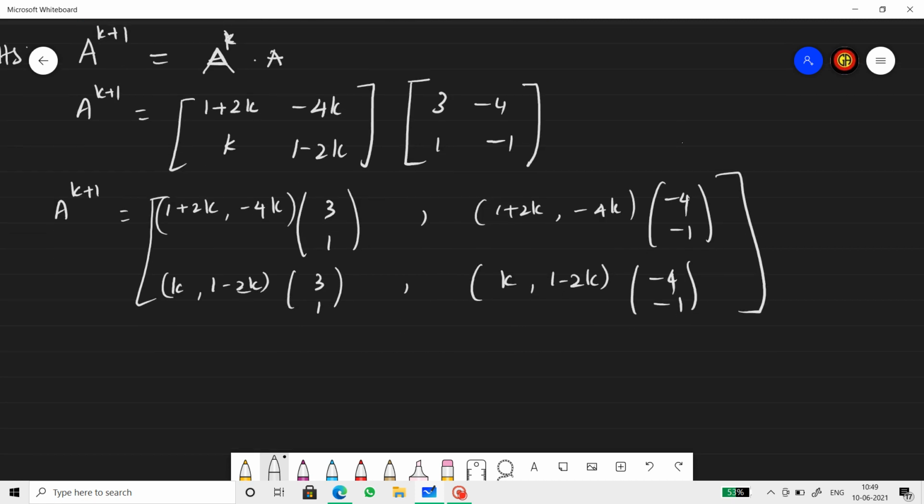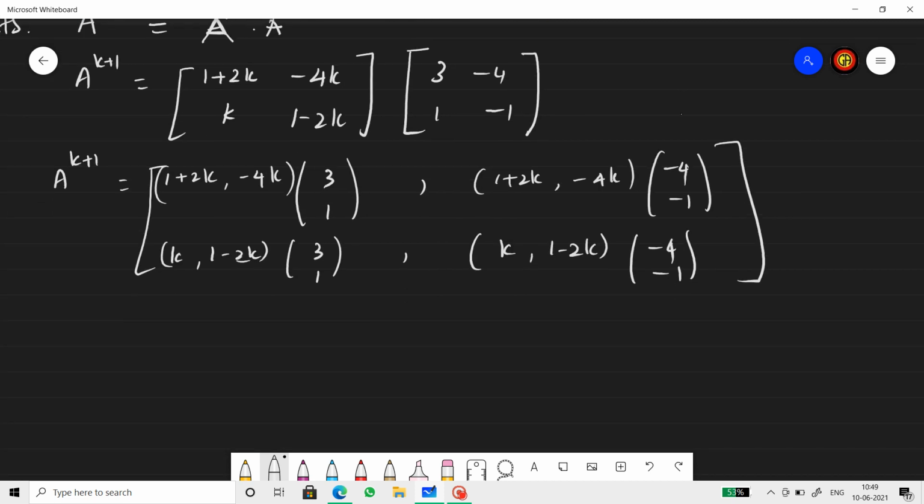Hope you all remember matrix multiplication. First row into first column, first row into second column, second row into first column, second row into second column. So let's see the answer.